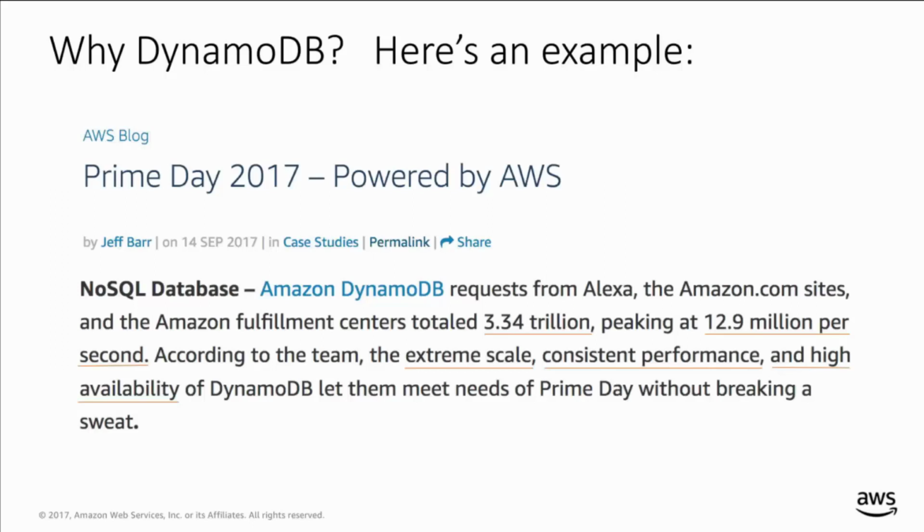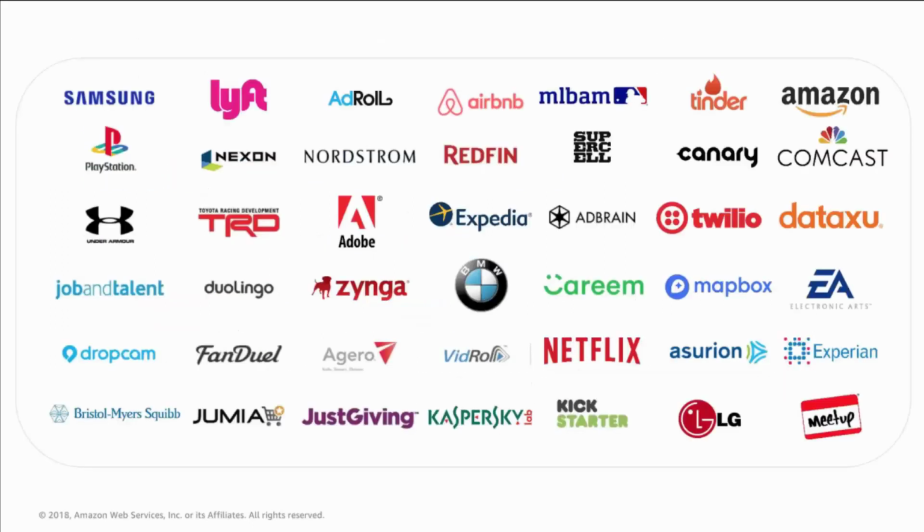And it's not just Amazon, right? DynamoDB is now in use by over 100,000 AWS customers in a wide variety of use cases. They all have one thing in common. They are mission-critical applications where availability, scalability, and performance really matter. And for all those things, they depend on DynamoDB.